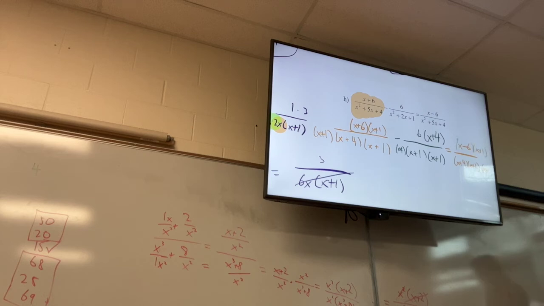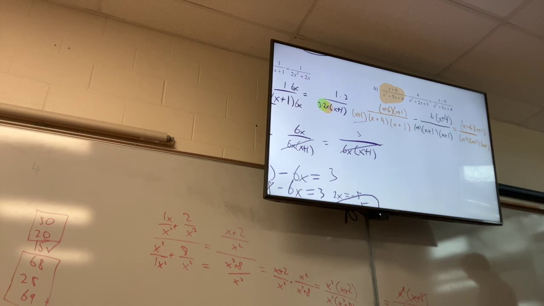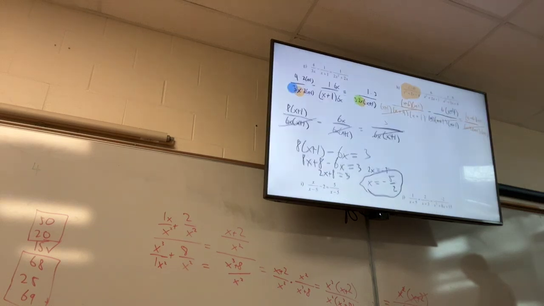Okay. All right, so then our denominators are going to go away, and our equation's kind of big, so bear with me. It's going to be x plus 6 times x plus 1 minus 6 times x plus 4 equals x minus 6 times x plus 1.